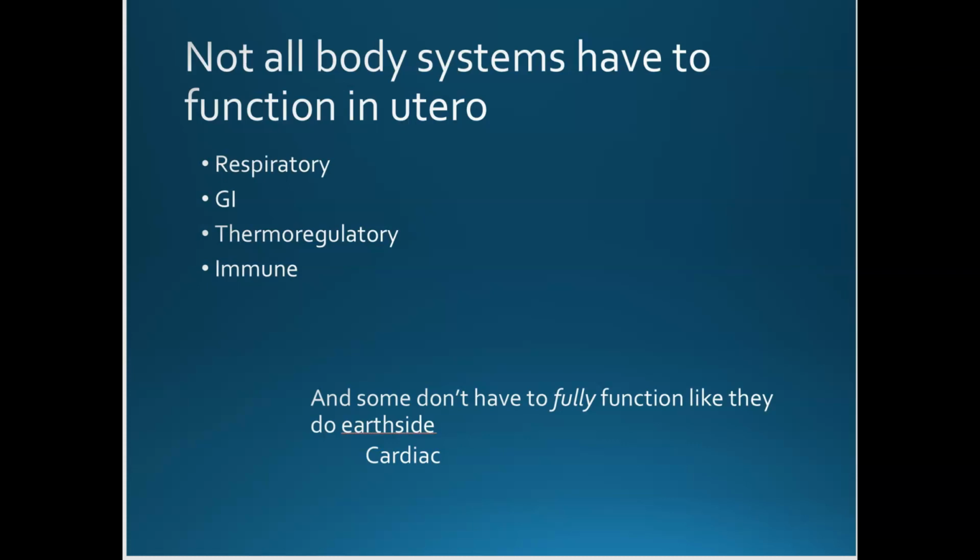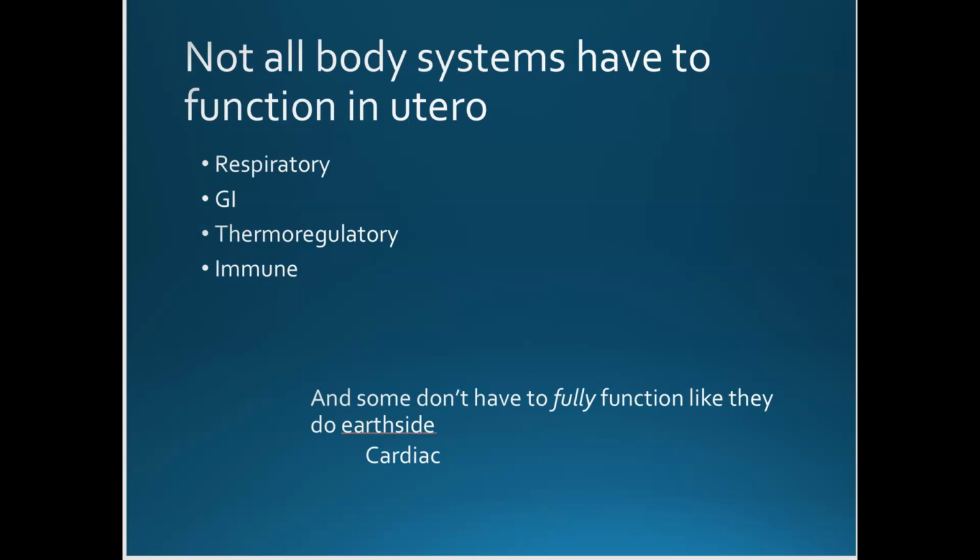The mother oxygenates the blood, brings it back to baby. So mom's body is doing those pieces. So although there is blood flow to the respiratory system, to the lungs in utero, it's not oxygenating the blood on its own. The GI system, baby isn't responsible for intake of their own nutrients or caloric intake. That all comes via the blood supply from mom.